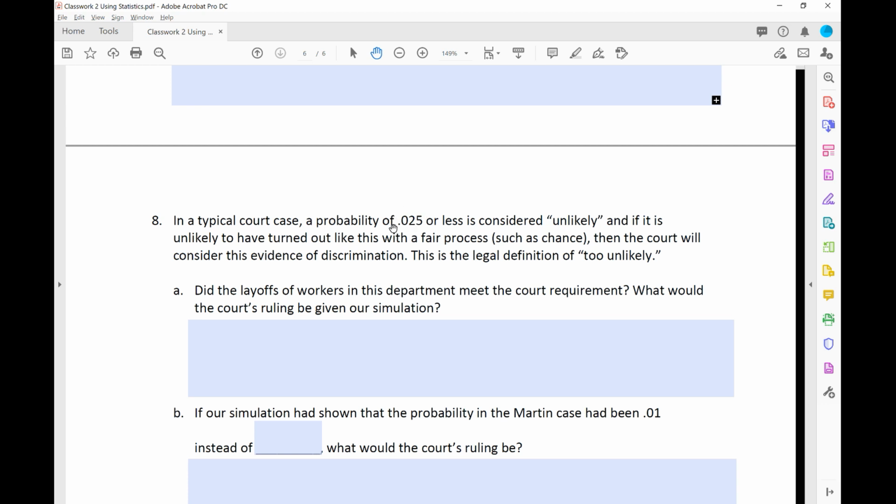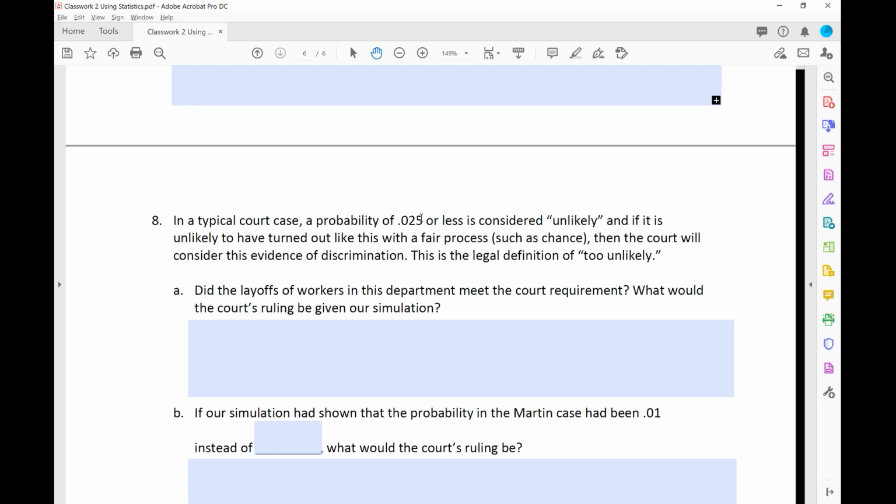And if we think about this 0.025, like I said, it helps me to think about it as a percent. So if we were to convert this, move our decimal 2 places to the right or multiply by 100, we can see that this is about 2.5%. So in a typical court case, a probability of 2.5% or less is considered unlikely.